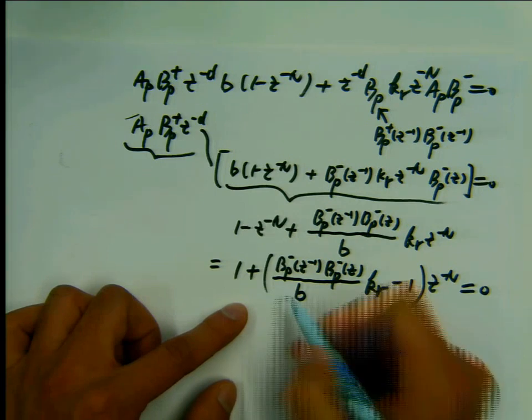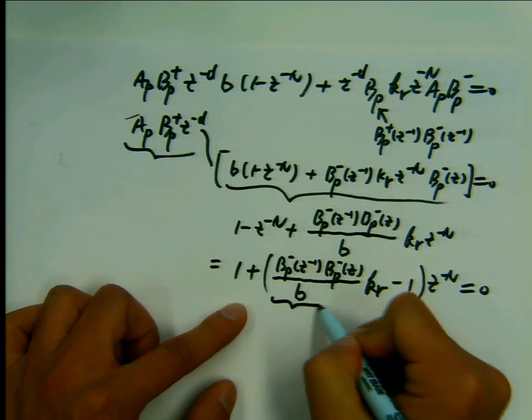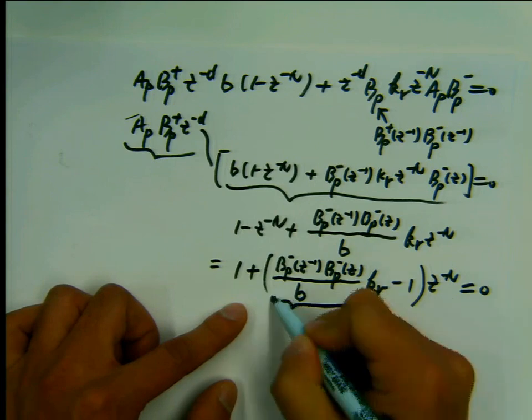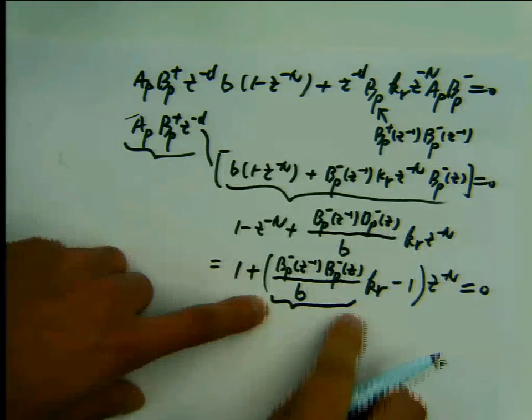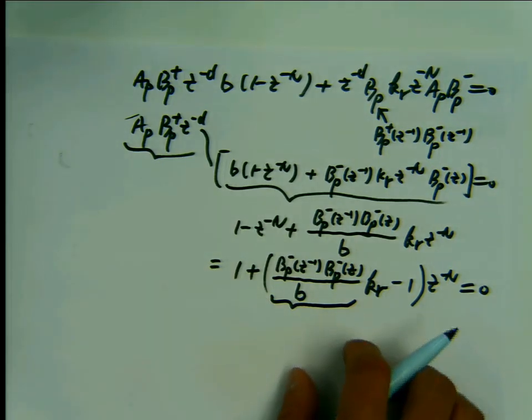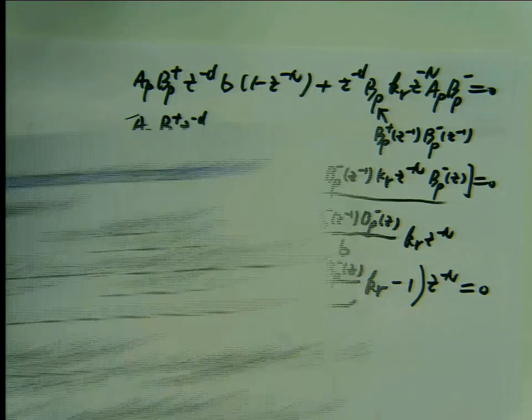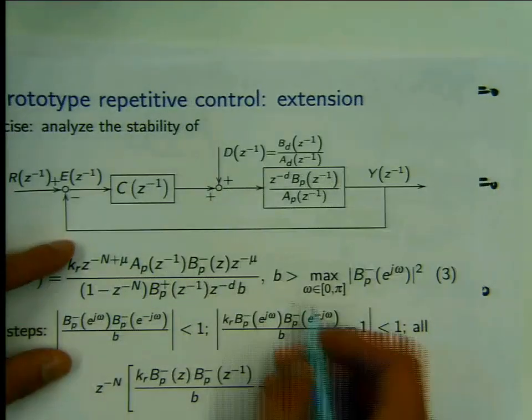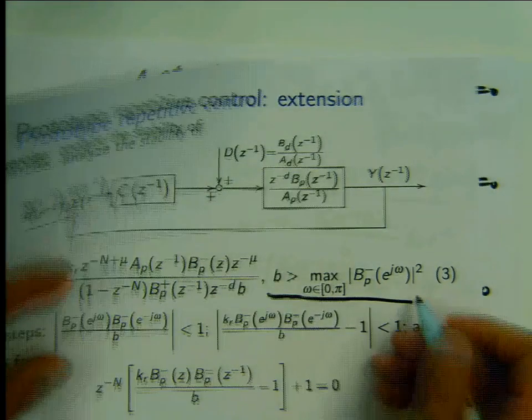What is the magnitude of this guy, the magnitude of this first term? Remember the assumptions. This is the assumption of B, so I'm going to write it for you.